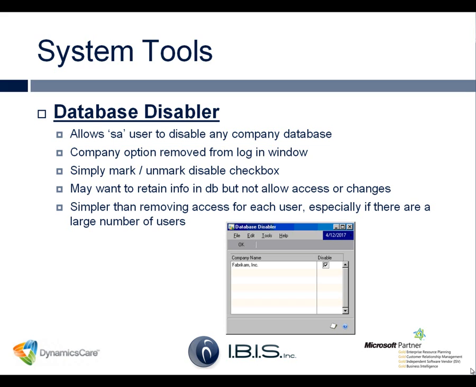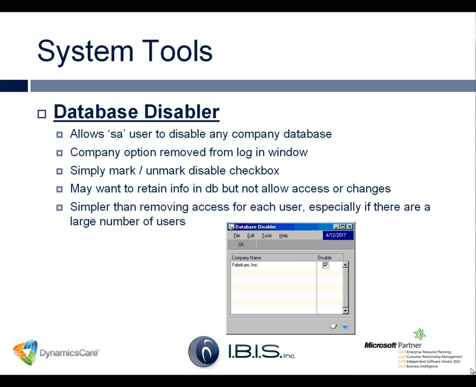The first one is the database disabler. What this one does is it allows the SA user, and as mentioned earlier, SA is going to be required as the login for the vast majority of these tools, to disable any of the company databases. What that does, if executed, is remove that company option from the login window. It doesn't delete the company database, users just can't log into it.